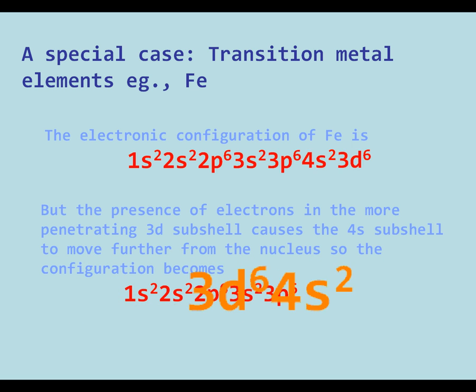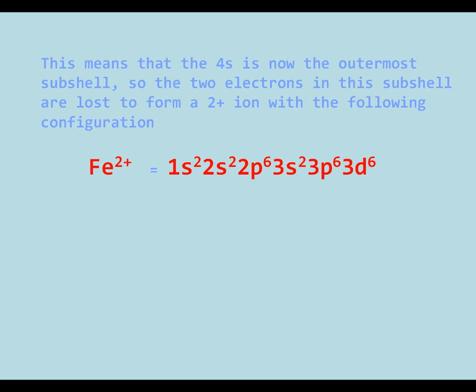So now the 4s2 subshell is the outermost subshell, and that means that when 2 electrons are lost from this subshell, the resultant configuration of the ion for iron 2+ would be 1s2, 2s2, 2p6, 3s2, 3p6, 3d6.